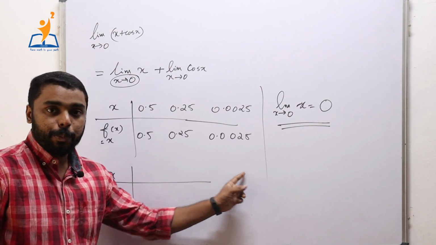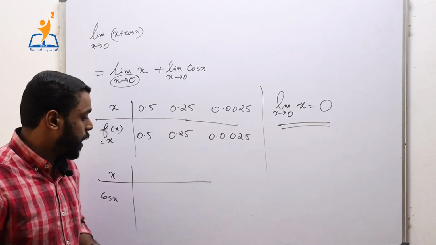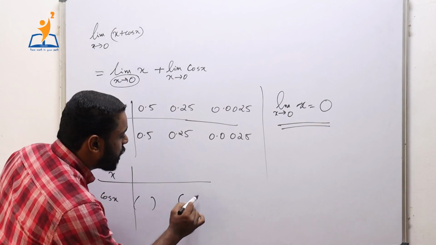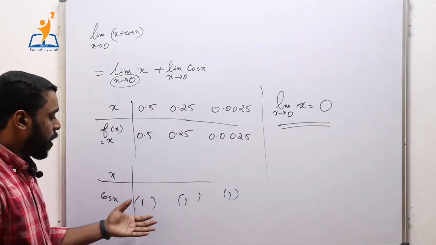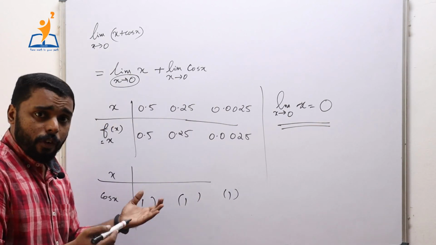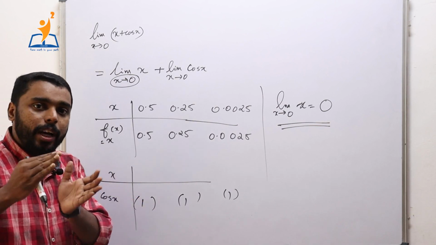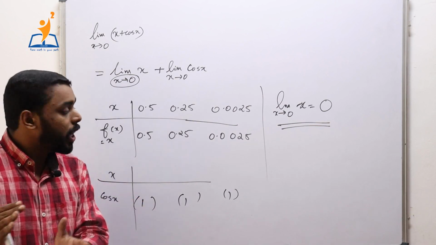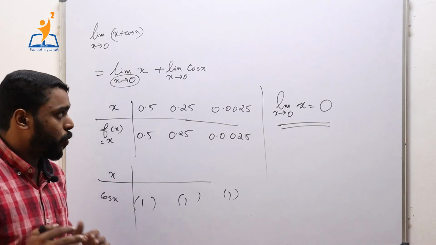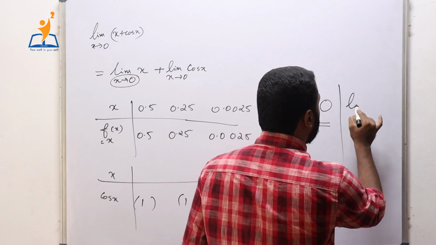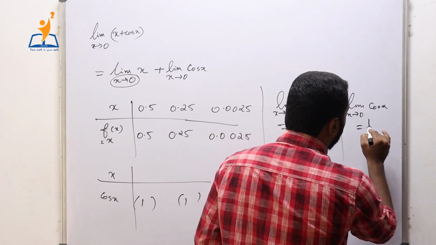Choose input values very close to 0 from the left hand side as well as the right hand side. Then you can see that the values of the function are very close to 1. It can be 1.001, 1.05, etc. Whatever it is, as the input values become closer and closer to 0, the cos x values will be closer and closer to 1. Hence limit x tends to 0 of cos x is equal to 1.